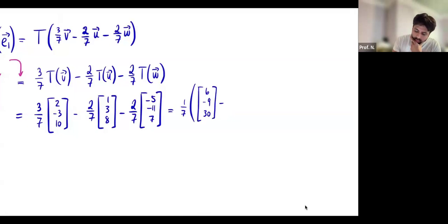Multiply this by -2, and I'm gonna have -2, -6, -16. And then I'm gonna also add positive 10, and then 22, and then I'm gonna have -14.